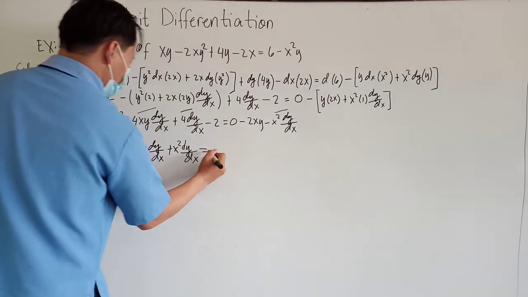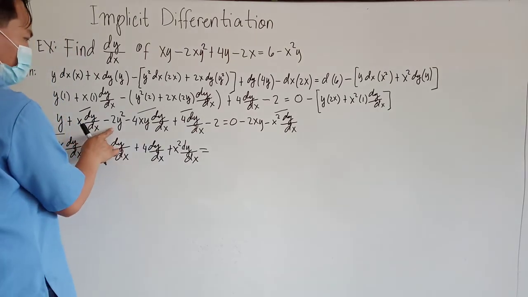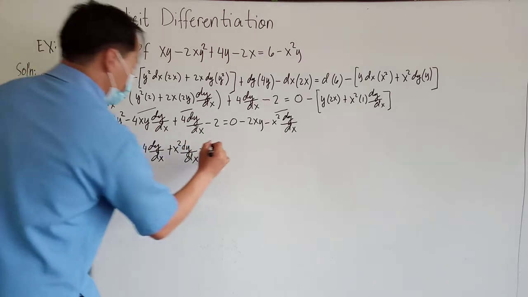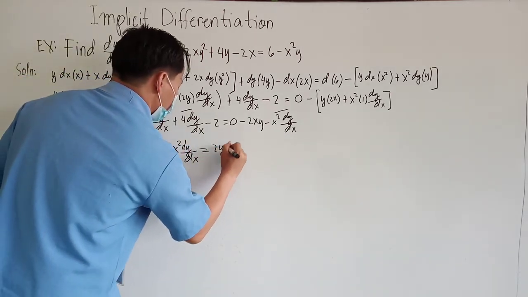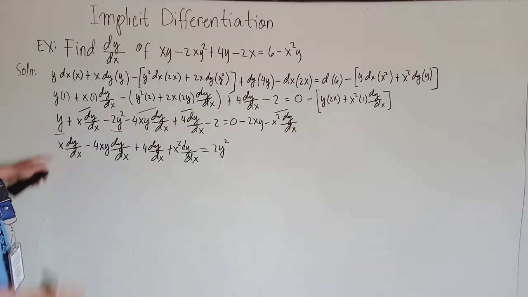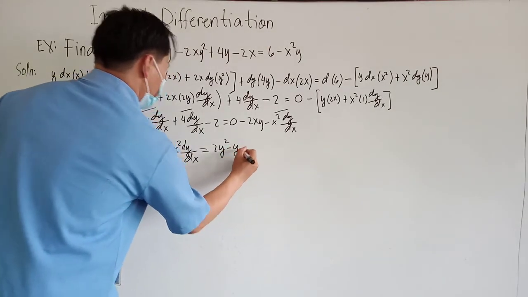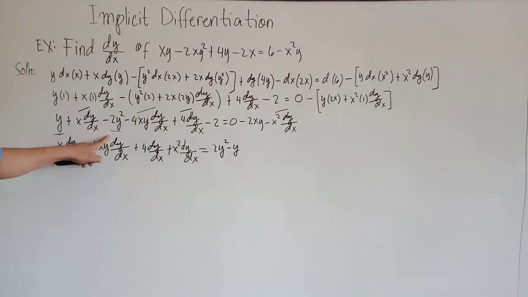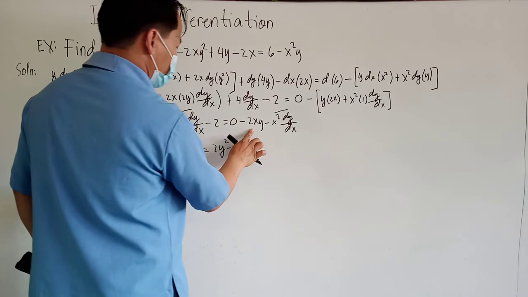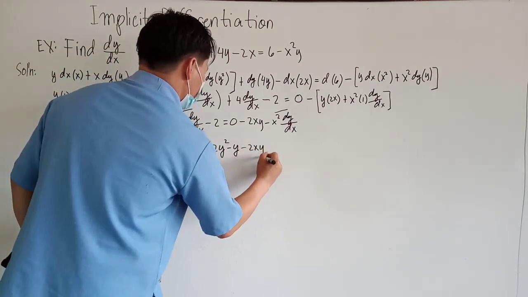And that is equivalent to all of these quantities. We have here negative y squared terms: negative 2y squared becomes positive 2y squared. So we are done with this one. Next term, we have here minus y. We are done with this one. We also have here negative 2xy.